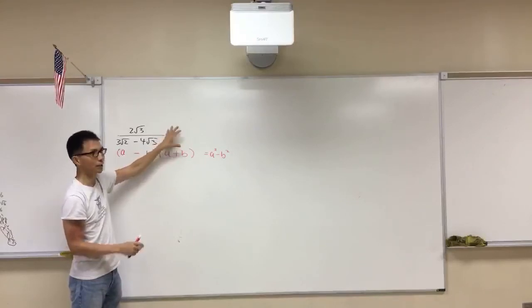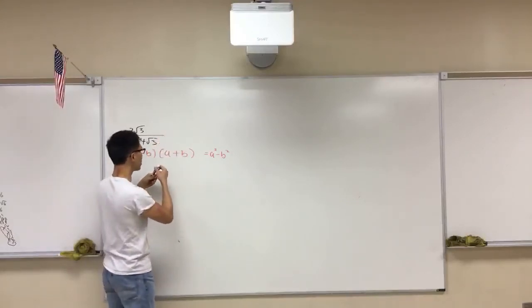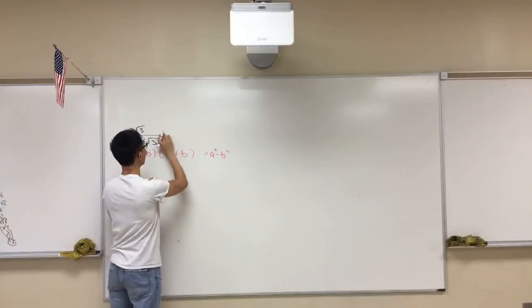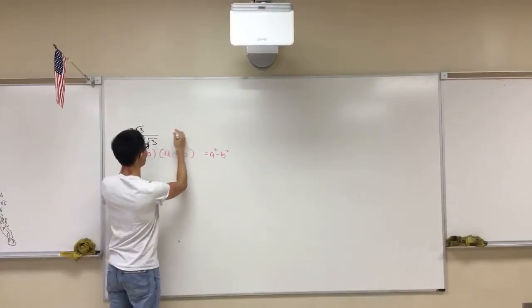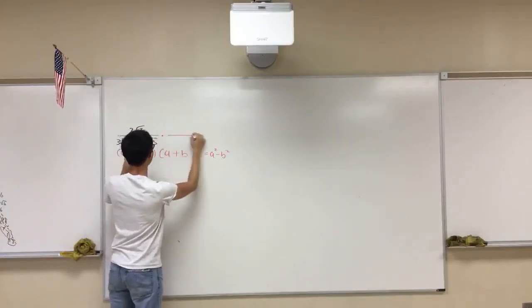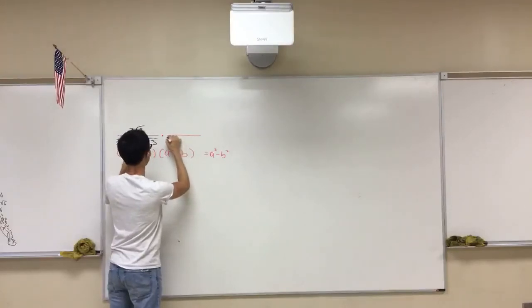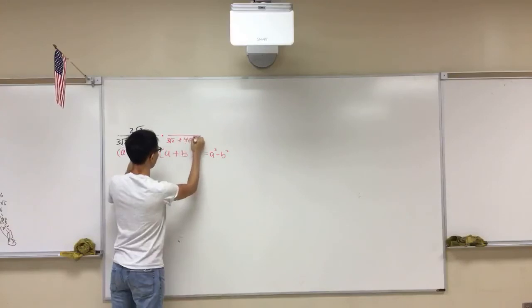It's called the conjugate. The conjugate here is going to be, you start with the opposite sign, the middle one is exactly opposite. So it's going to be 3 square root of 2 plus 4 square root of 3.